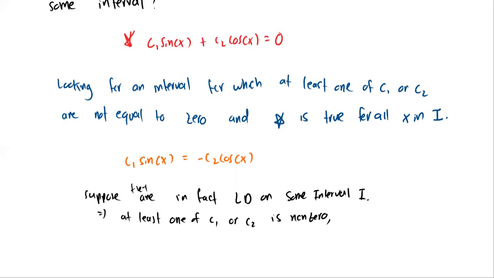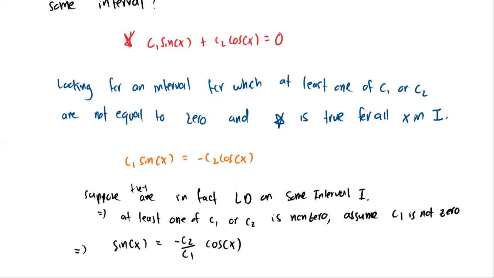So let's say, without loss of generality, that C1 is non-zero. So assume C1 is not zero. Well, if C1 is not zero, we can divide by C1 on both sides, and we get sine x equals negative C2 over C1 times cosine x.